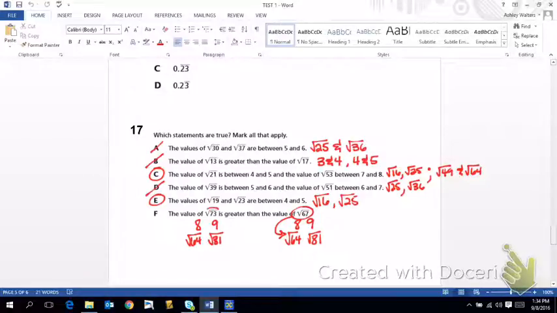And the square root of 73 is going to be closer to the square root of 81. So it's an accurate statement that the square root of 73 is greater than the square root of 67.